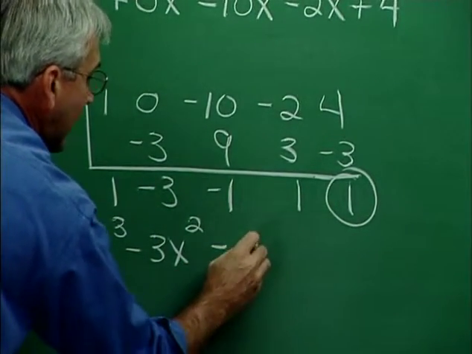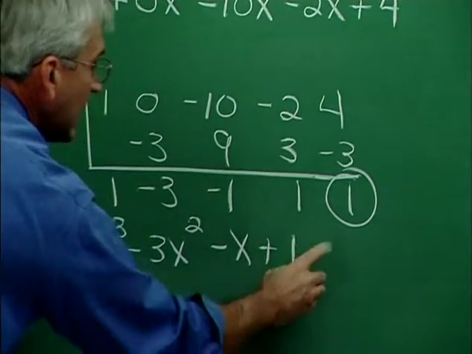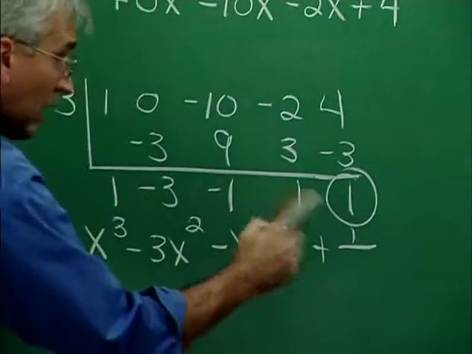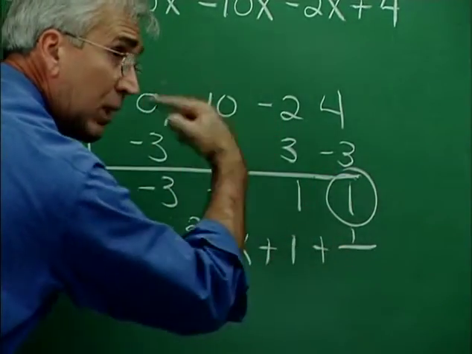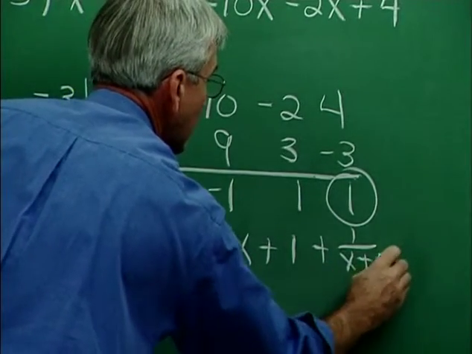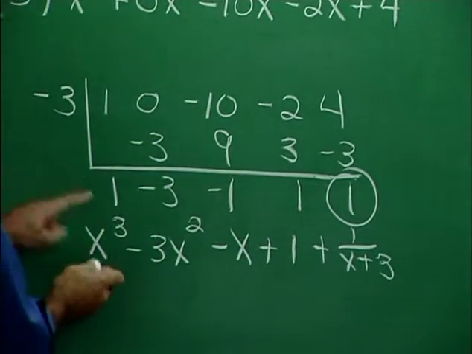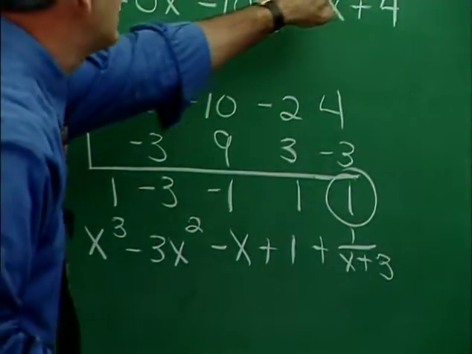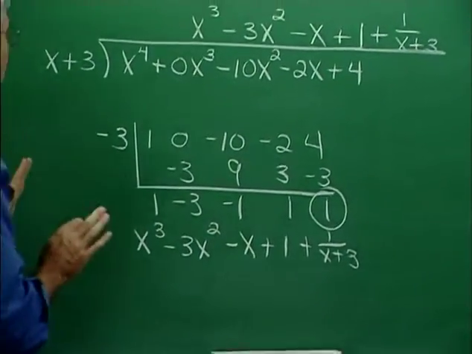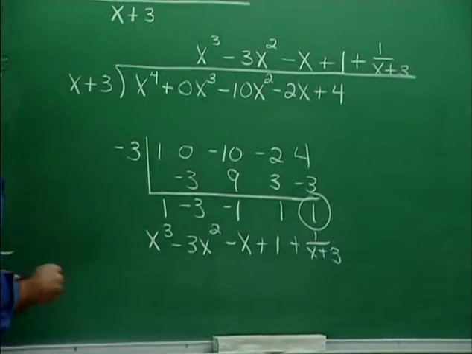This is -1x, and this is +1. And the remainder is 1, so it's remainder over divisor. Remember, the divisor is the polynomial divisor that we started with, the x + 3. And what we have here is precisely what we have right here. So synthetic division is a way to really streamline this situation.